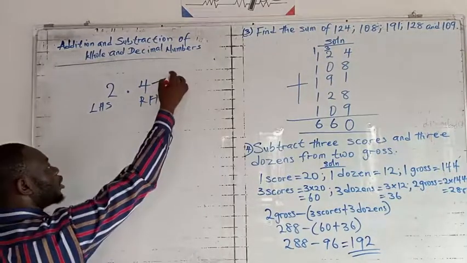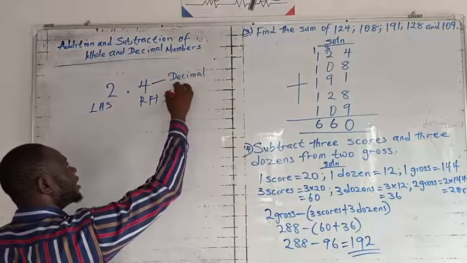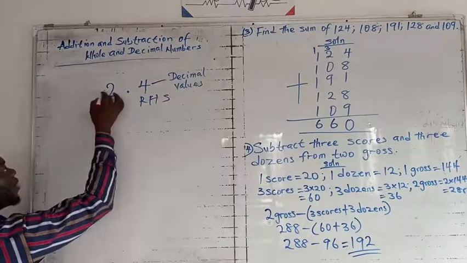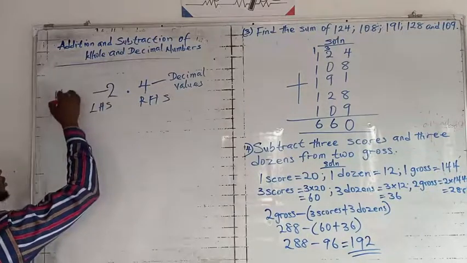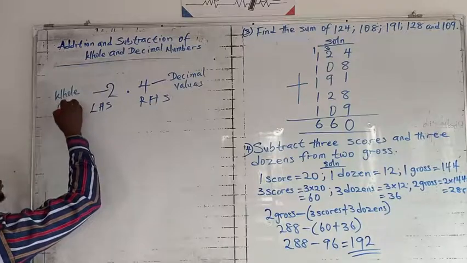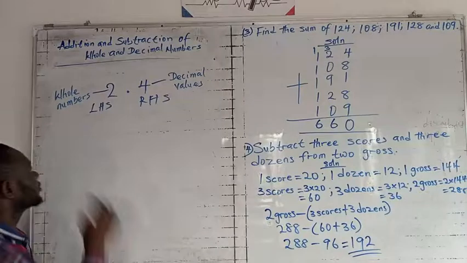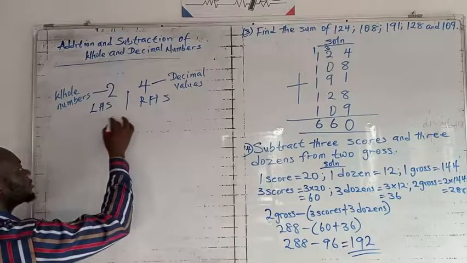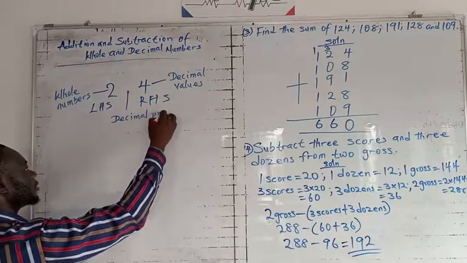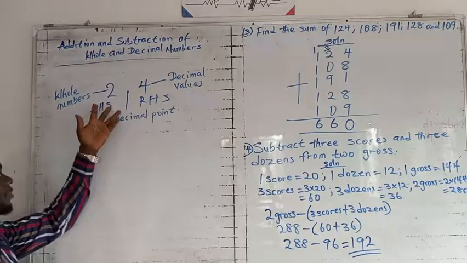This side is called the decimal value part, this part is the whole numbers, then comes the decimal point. So this is a decimal number.